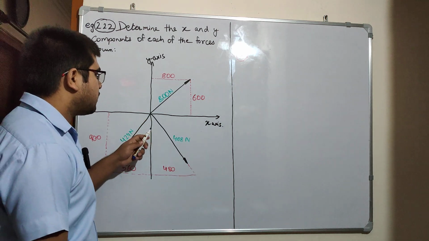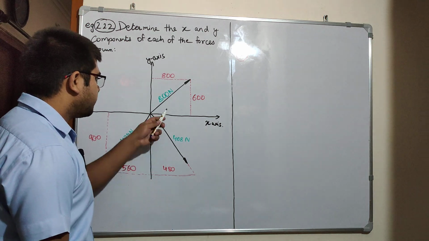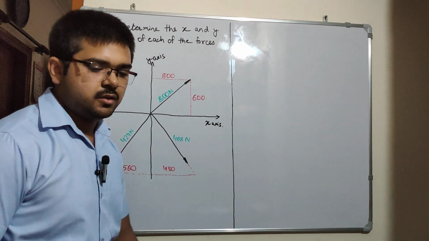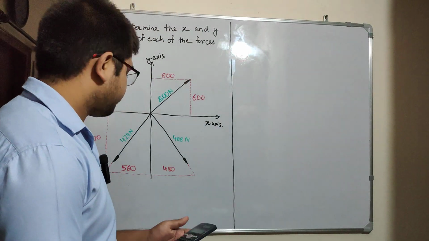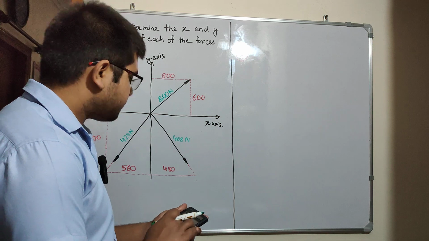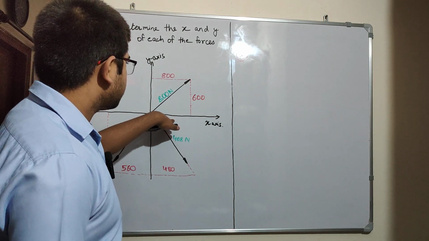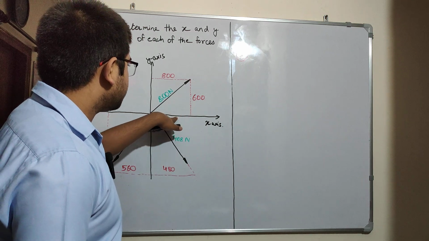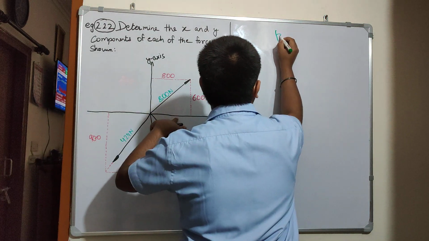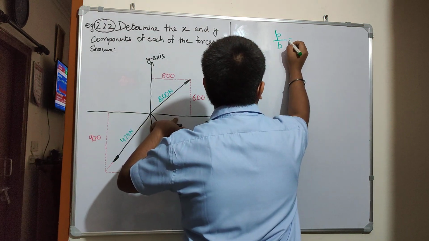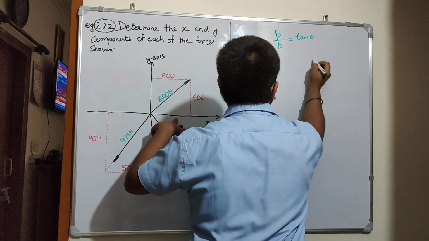First, we will calculate the angle at which the forces are acting. We are given the dimensions, so we can calculate the angle. So we will take our calculator and just punch in the values of perpendicular by base. We know that perpendicular by base is tan theta.